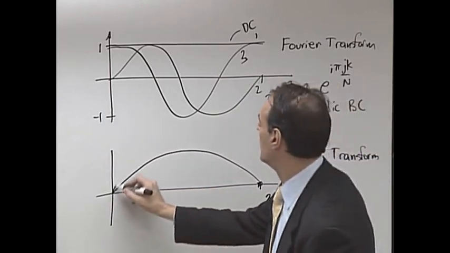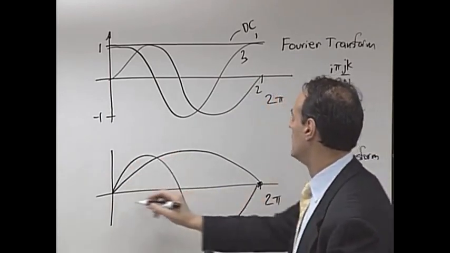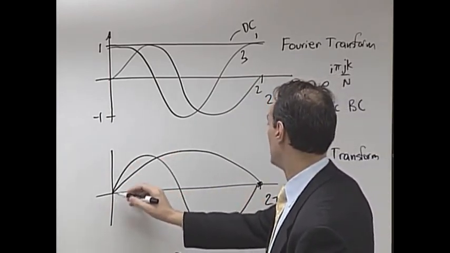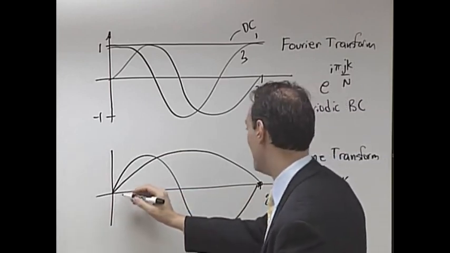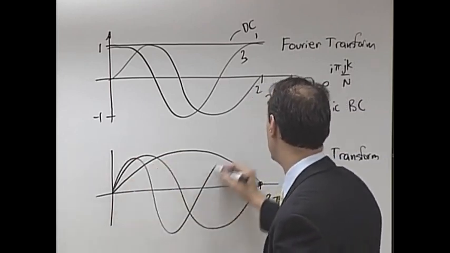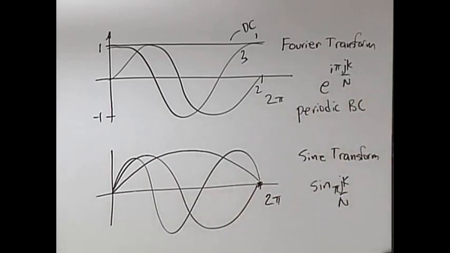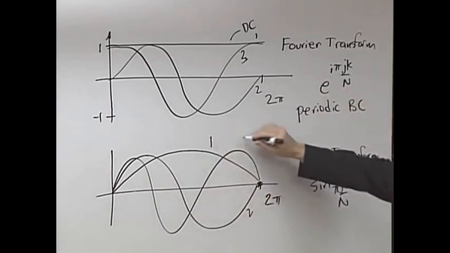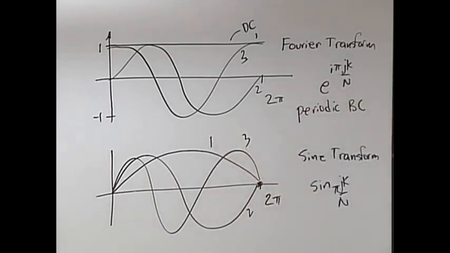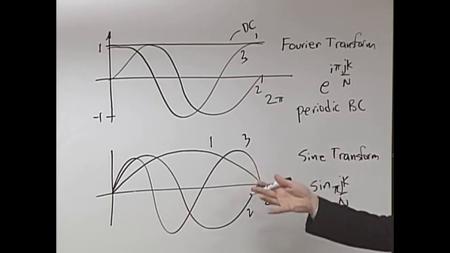And then that's your first mode, second mode, third mode. You just keep adding one at a time. 1, 2, 3. Sine functions. Sine, is that a pi or a 2 pi? Pi. That's pi. And so here are your mode structures.